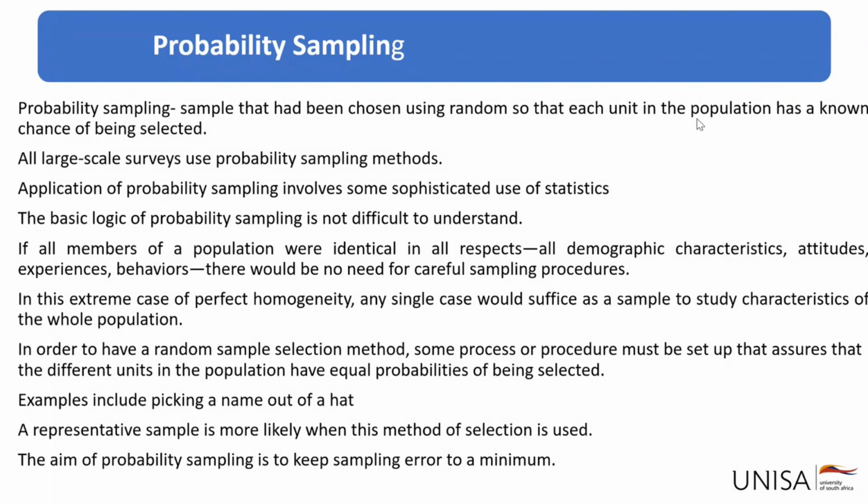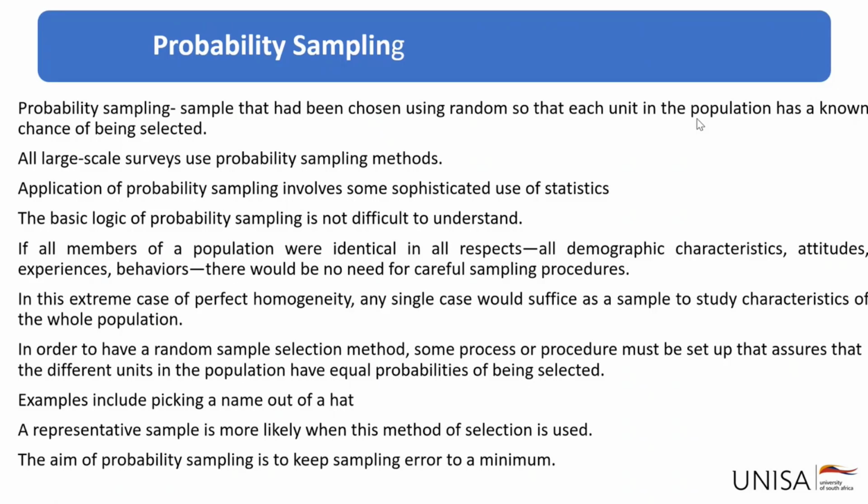An example that we can think about is picking a name out of a hat. If I say to you, write your name down, cut your names and throw them in the hat, and we shake it a little bit, each of your names has a probability of being selected because it's random.